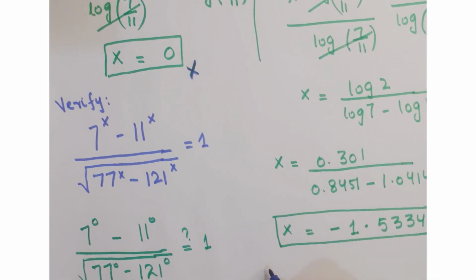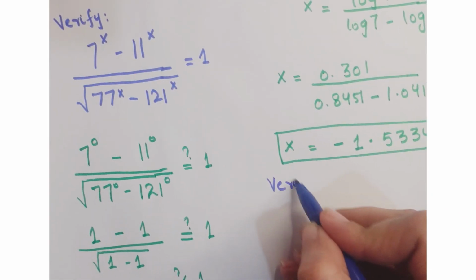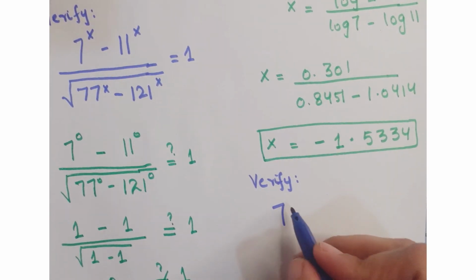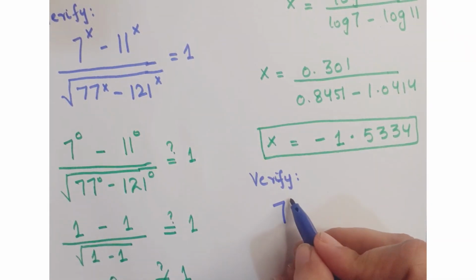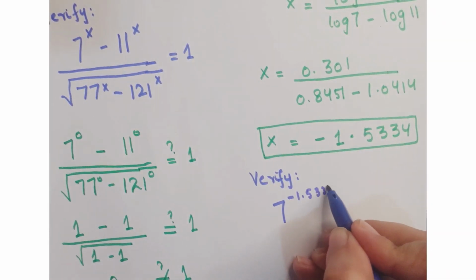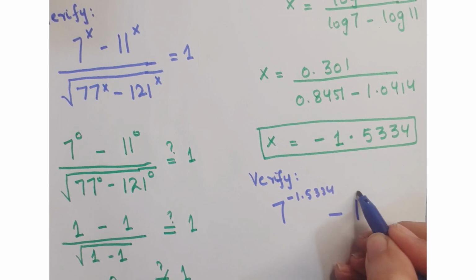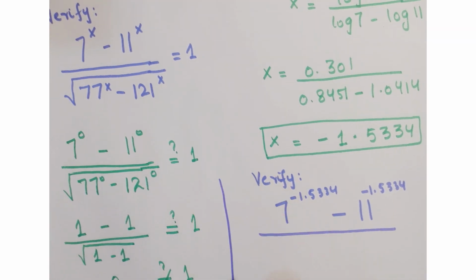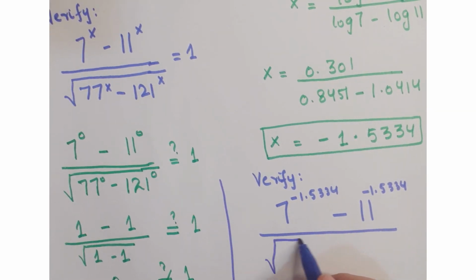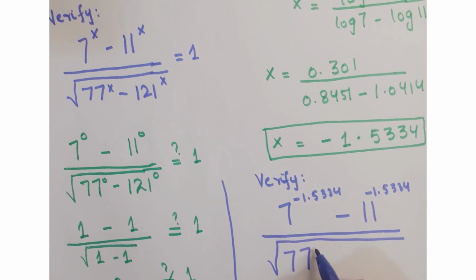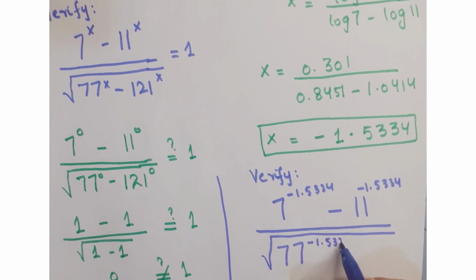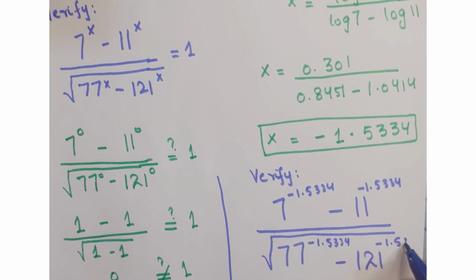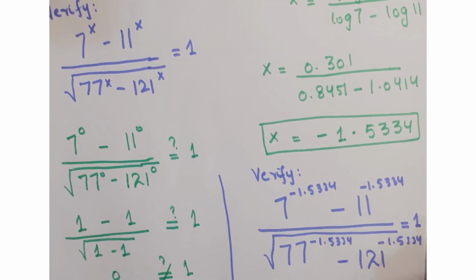Now, let's verify the other part, that is putting the value x = −1.5334 in the equation: (7^−1.5334 − 11^−1.5334) / √(77^−1.5334 − 121^−1.5334) = 1.